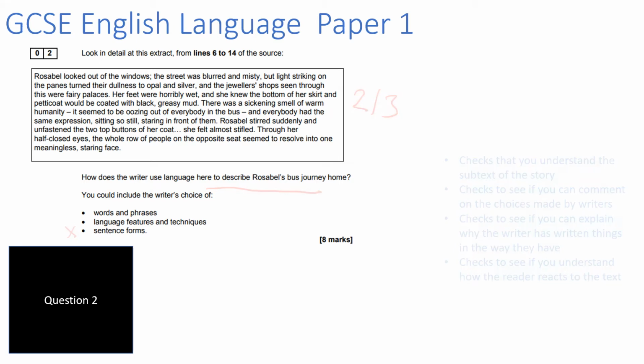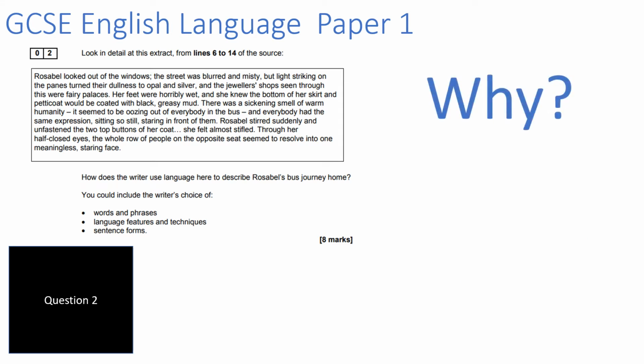Now, the key thing to remember about this question is that it's about why. Why has the writer used that word? Why has the writer used that technique? That's what this question is about. It's not about spotting things. It's about a bit more than spotting.